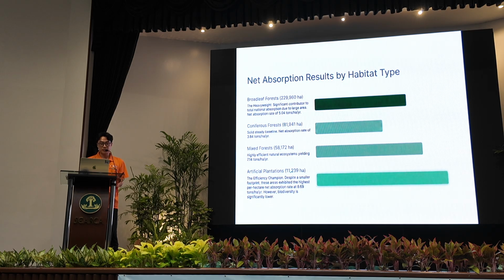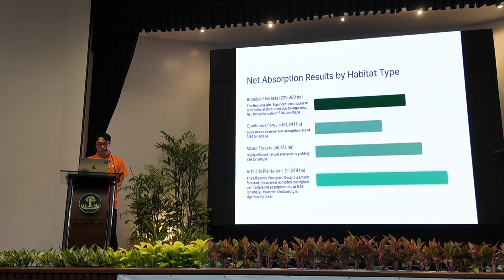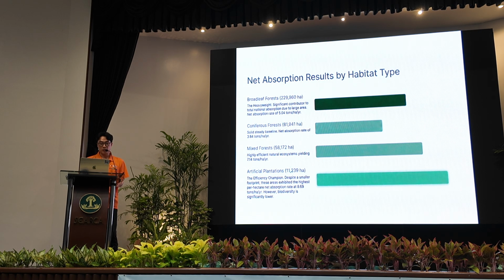And mixed forest yields 7.14 tons per hectare. And artificial plantations cover 11,000 hectares. They exhibit the highest net absorption rate at 8.69 tons per hectare per year, but the biodiversity in this plantation is very low.